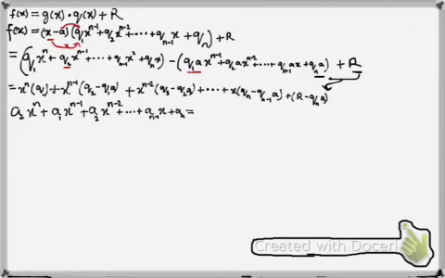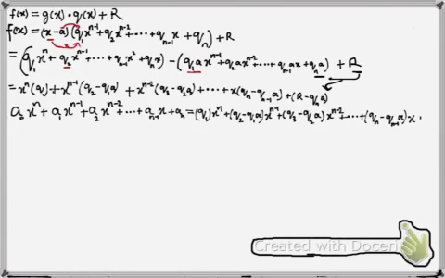This thing is equal to q1 times x power n plus q2 minus q1a x power n minus 1 plus q3 minus q2a times x power n minus 2, and so on till you get qn minus 1a times x plus r minus qna.